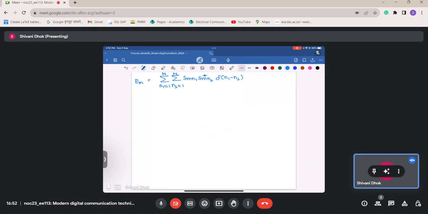Now if we consider this and apply the shifting property of impulse, I can write it as SMn1 conjugate delta n1 minus n2. Therefore what we have is summation n1 equal to 1 to capital N, magnitude of SMn1.